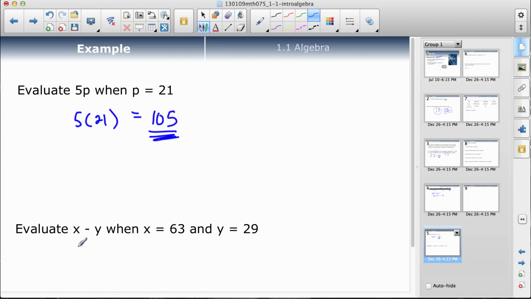Here's another one. x minus y when x is 63 and y is 29. So it's almost 30, so it'd be about 34. So 34 would be the value of x minus y when x is 63 and y is 29.